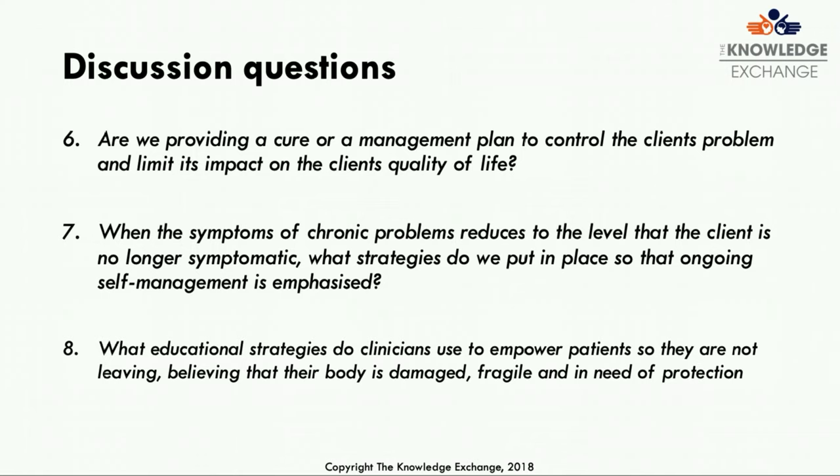Or are we providing a management plan to control the client's problem and limit the impact on the client's quality of life? When symptoms of chronic problems reduce to the level that the client is no longer symptomatic, what strategies do we then put in place so that ongoing self-management is emphasised? And we'll talk about that in detail on the second day of the 2-day course.